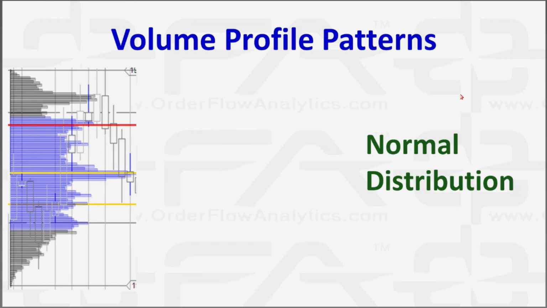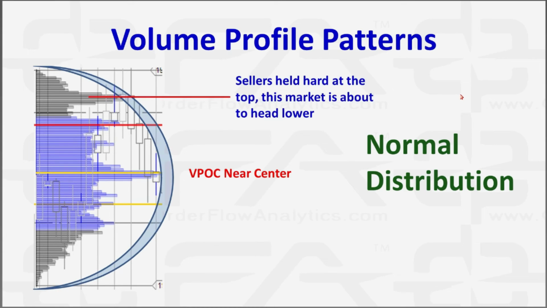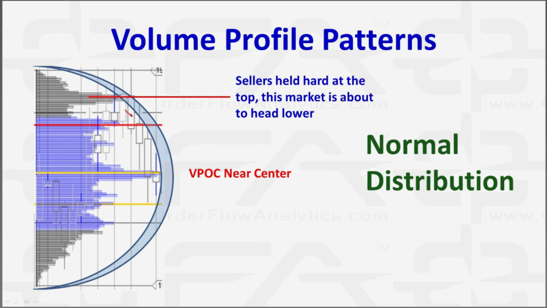All right, let's look at normal. What we see in the normal distribution is VPOC typically is near center. We get a nice bell-shaped curve. Now in this specific profile, you'll see a volume distribution and a high volume area up at the top right here. What this is saying is this market is about to head lower. You got to finish to the upside.